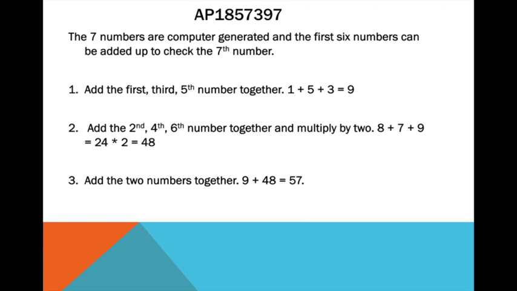So 9 plus 48 is 57. You can see we get the 9 here, and we get the 48 here, and that gives us the 57 here. The 7th number will be the last digit of that number. So you see above that number 7 and that number 7. So we know that this DEA number is a valid DEA number.